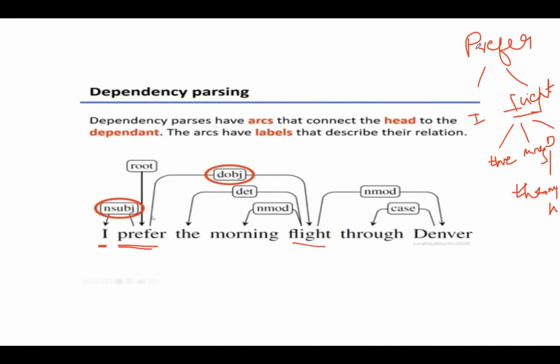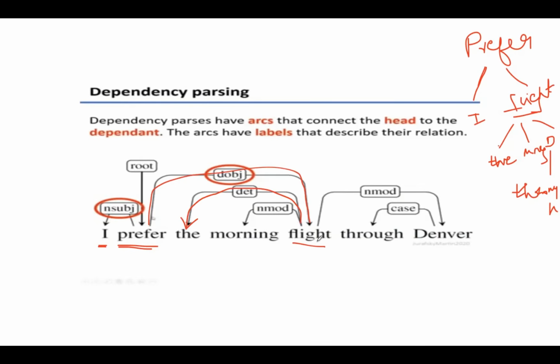You can see from prefer to I, there is a path. I is a child node and prefer is a parent node. Similarly, from prefer to flight, again there is a path. Prefer is a root and flight is child, and the relationship is direct object. And from flight, we are having three dependents. Flight is considered the head word here, and there should be a path to the dependent. The dependent is the, and that relation is determiner.